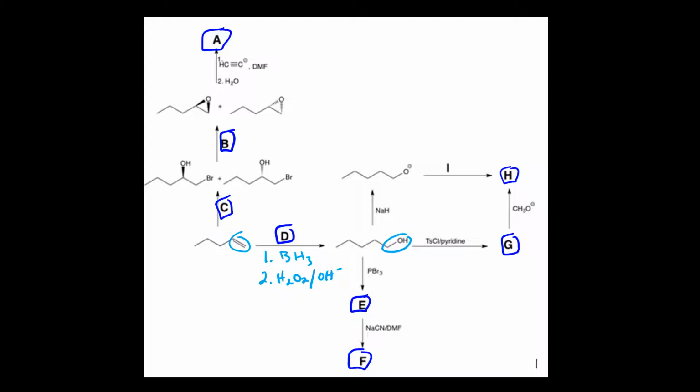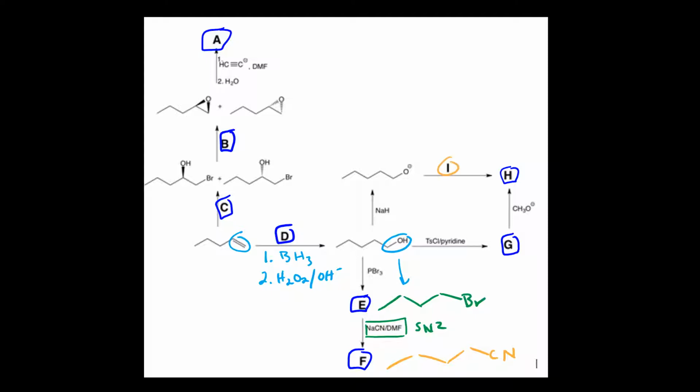Then if we go down this way, we have the hydroxyl group being treated with PBr3. Well, that's just a bromination of an alcohol. So we're here, no stereochemistry. And then finally, that's being treated with sodium cyanide in DMF, which is an SN2 substitution. And so we're going to have this as the product F.